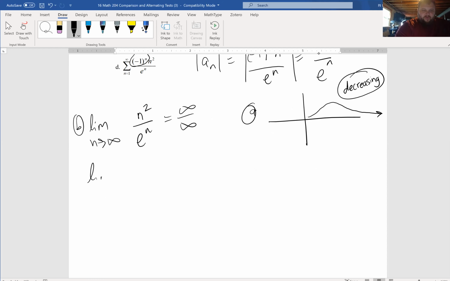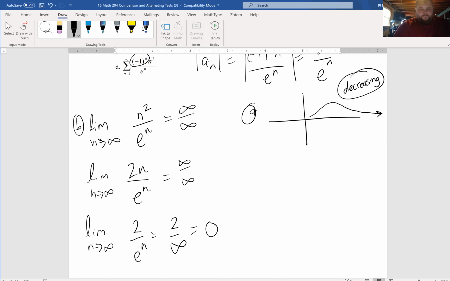And I think we've even done this problem already. So I took the derivative of top and bottom, plug in again. I get the same thing. So I use L'Hopital's rule once more. Now I get 2 over infinity, which is 0. So that is both of the criteria. Therefore, converge by alternating series test.